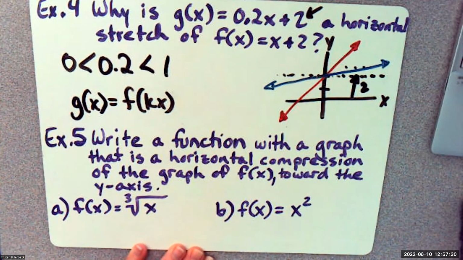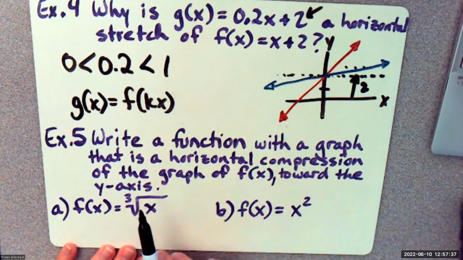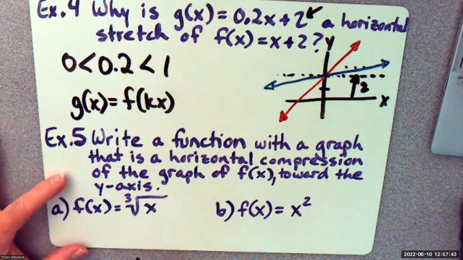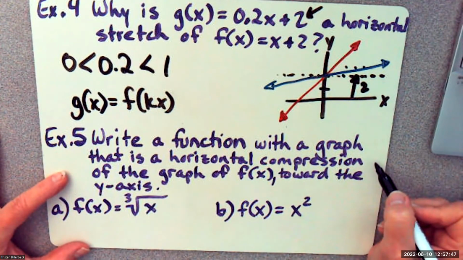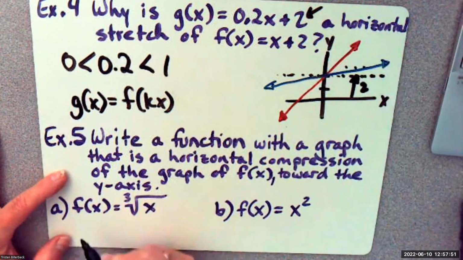Okay, so then we look at this one here. We want to write a function with a graph that is a horizontal compression of the graph of f(x) toward the y-axis. So a horizontal compression means we want our graph to move toward this.